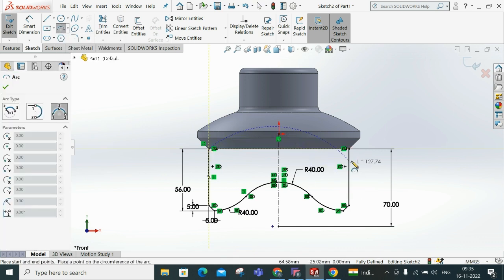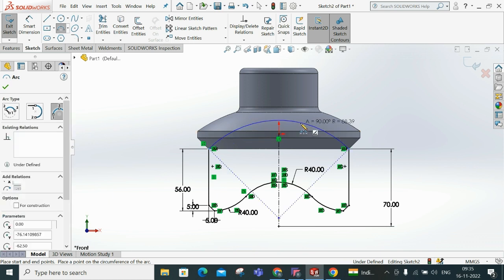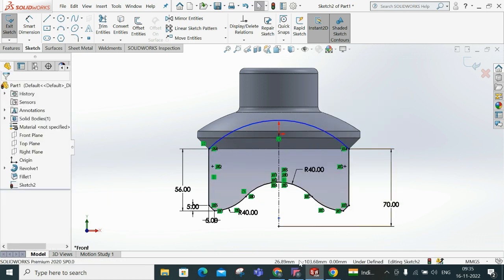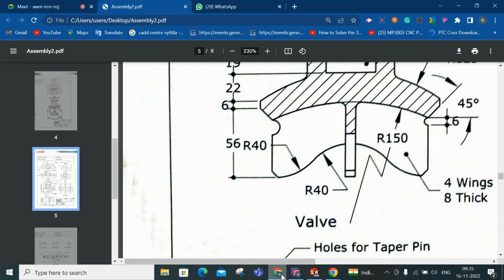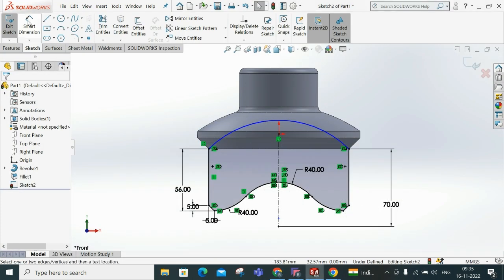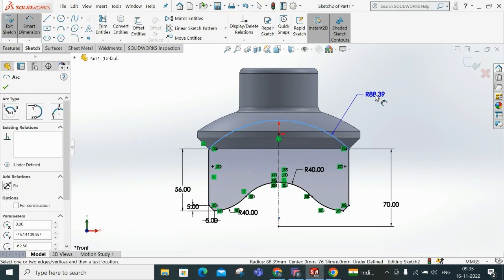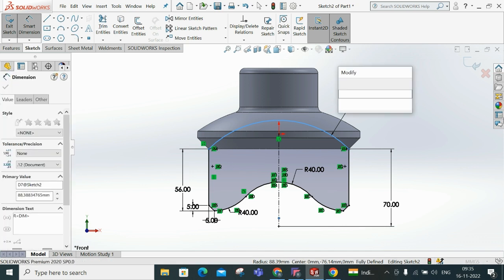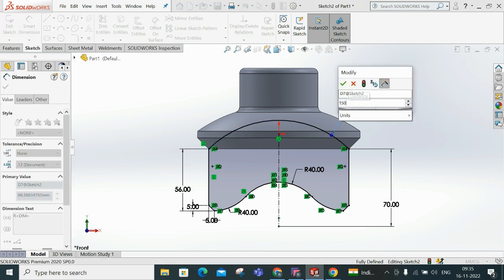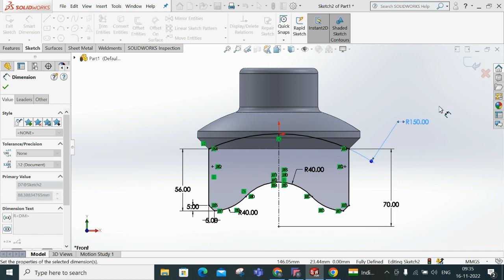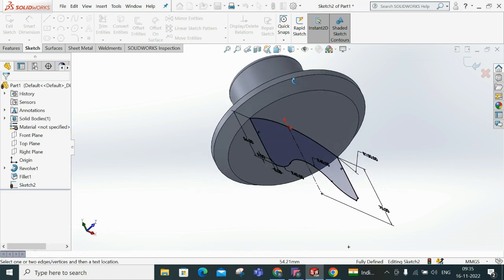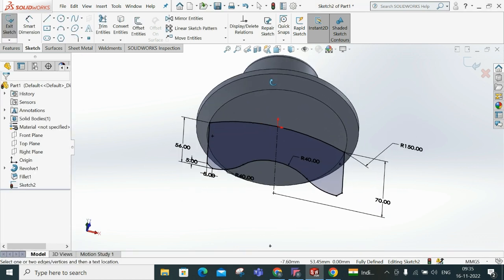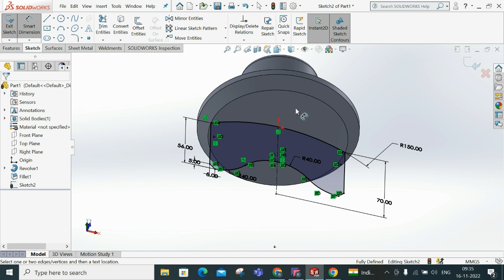What was the radius? 140, 150. And then extrude, so that there is no void inside that portion.